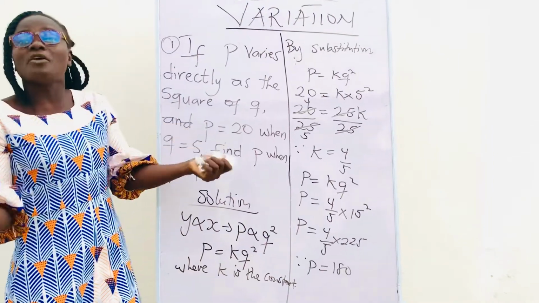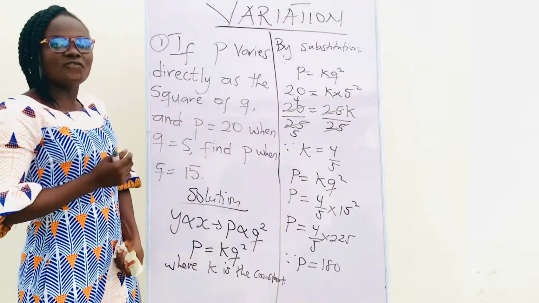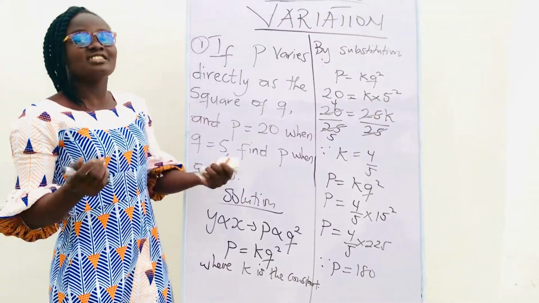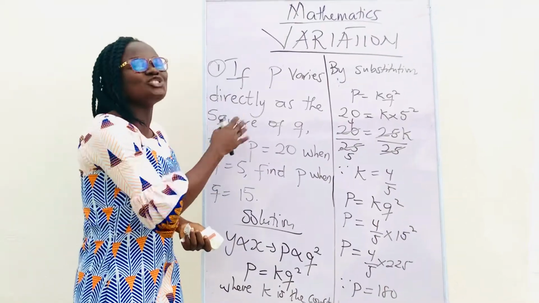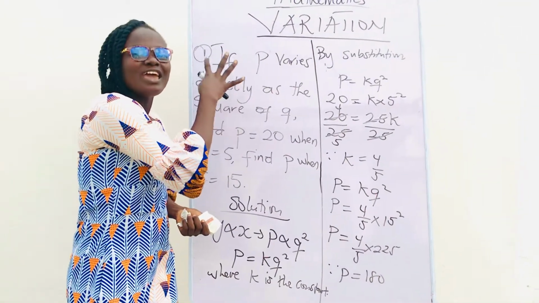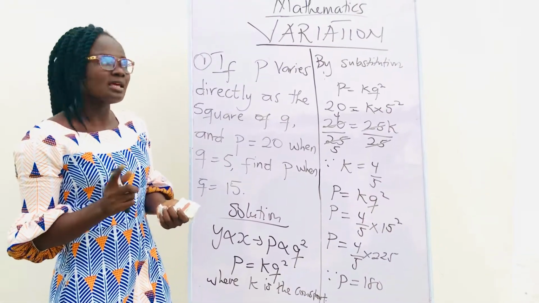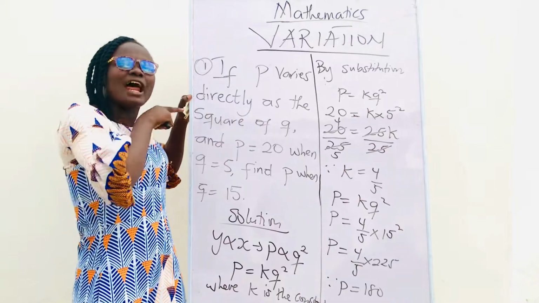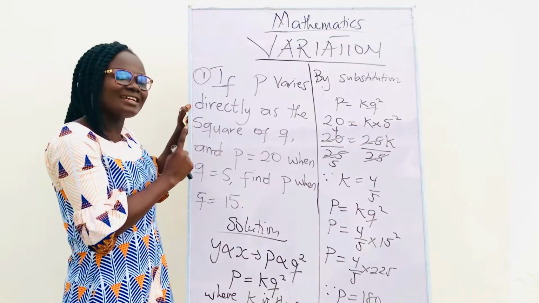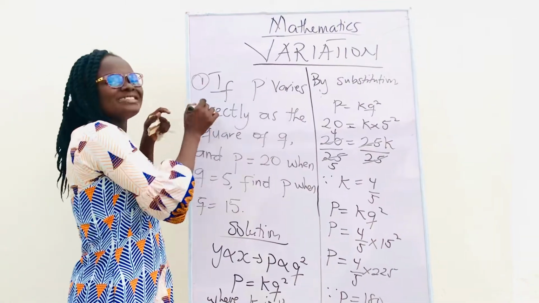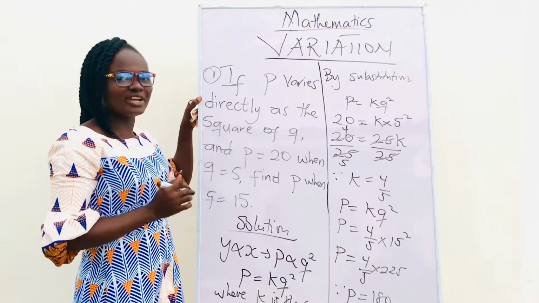Are the variables the same as x and y, or they gave you a different variable? If they are different, you choose what has been given in the question. Afterwards, check whether it is a direct variation. In this question, it stated that p varies directly, meaning it's a direct variation question.